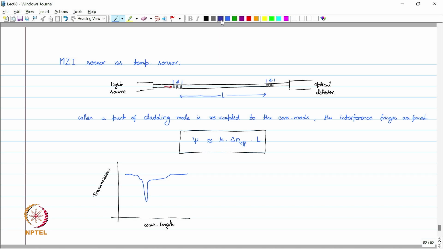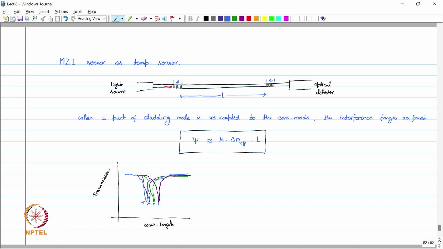Let's say this is one wave. If we change the temperature, this transmission coefficient actually changes. So we have different minimas for different temperatures.